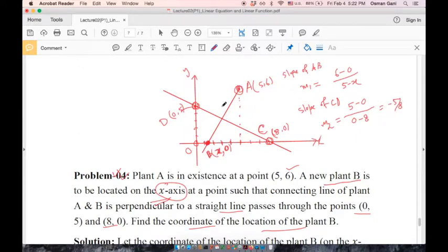So since they are perpendicular, we can write M1 times M2 equals -1. It means 6 by (5 minus x) times minus 5 by 8 equals -1.